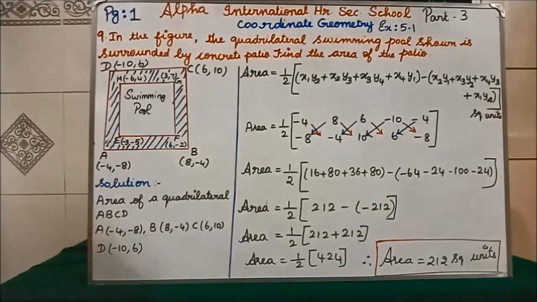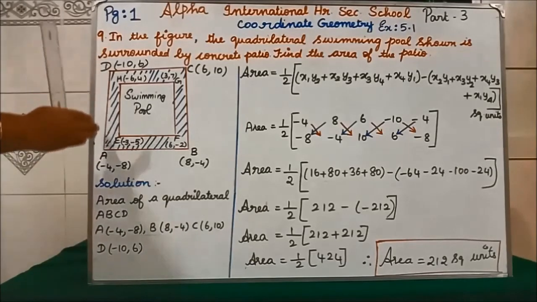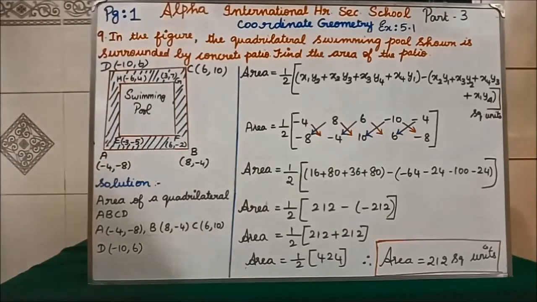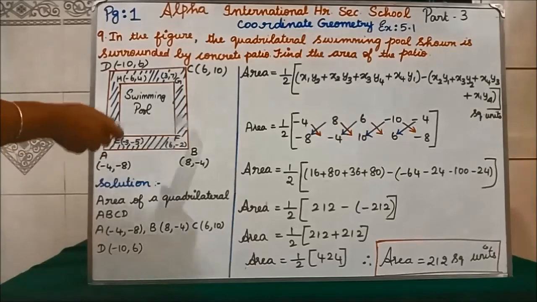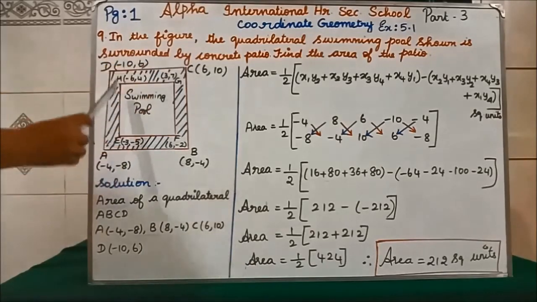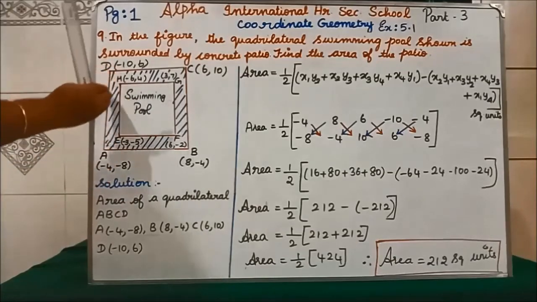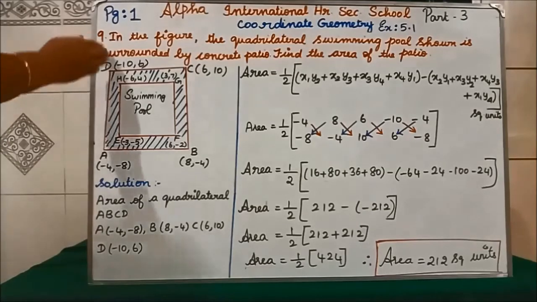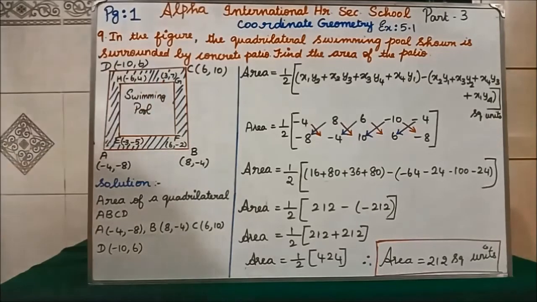So, how will you find it now? You have to first find the area of the quadrilateral ABCD. Then you have to find the area of the quadrilateral EFGH. Then only if you subtract this part from the full part, you will get the shaded portion, isn't it? So from the whole, if you take this part alone, what will we get?